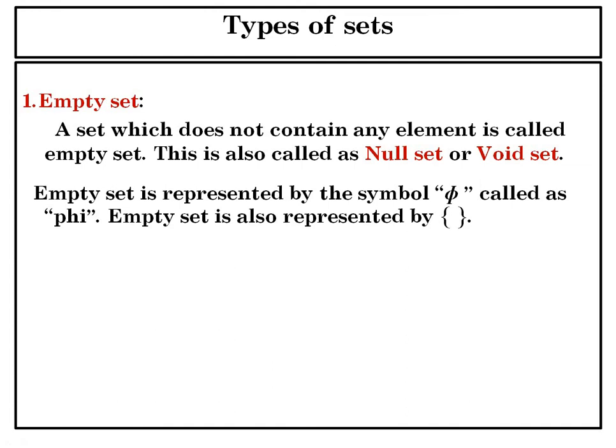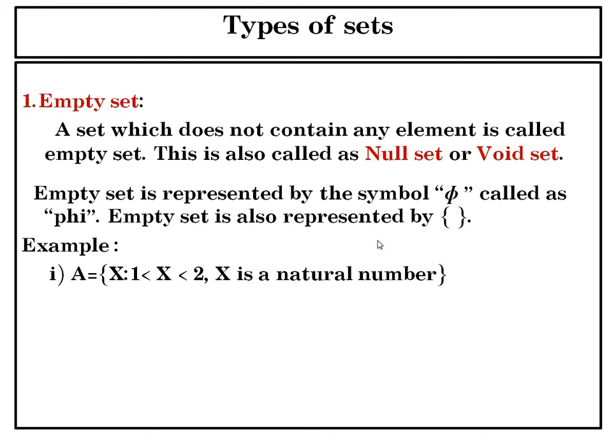Empty set is also represented by flower brackets. Within these flower brackets no elements are written, so this represents empty set. Example, in set builder form, a set A is equal to set of all x such that 1 less than x less than 2, where x is a natural number.